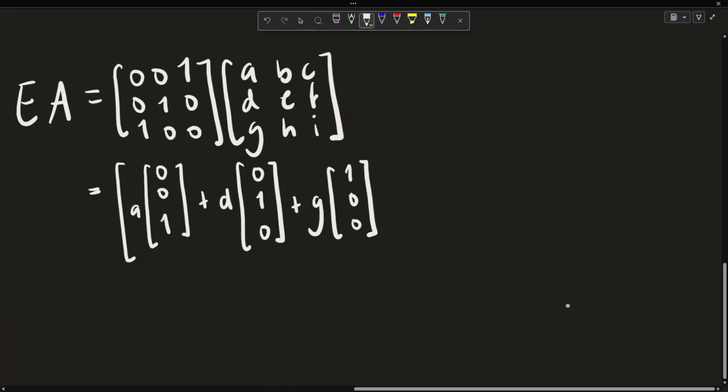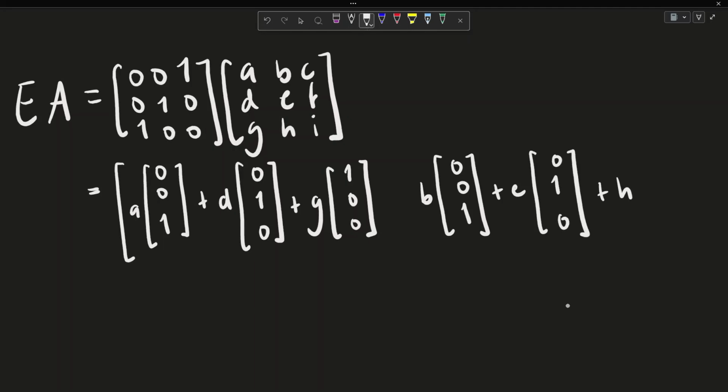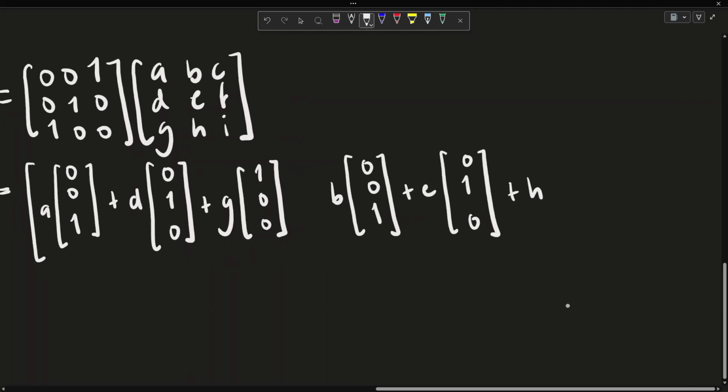The second column will be B times the first column, plus E times the second column, plus H times the third column.